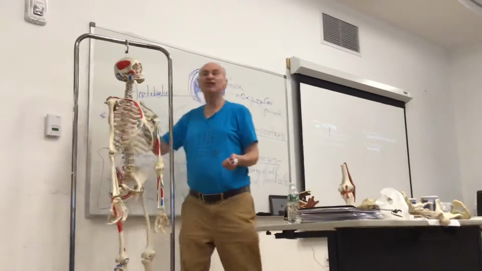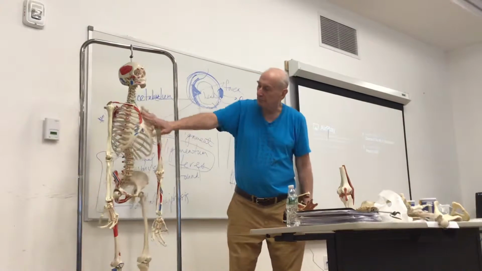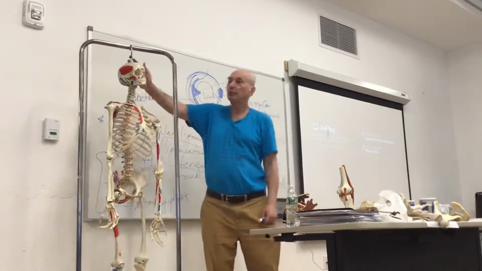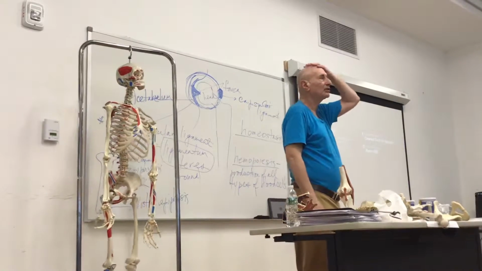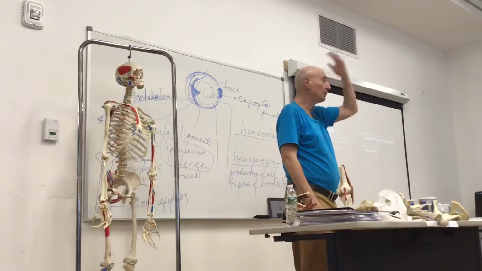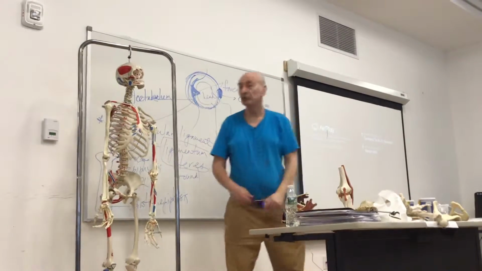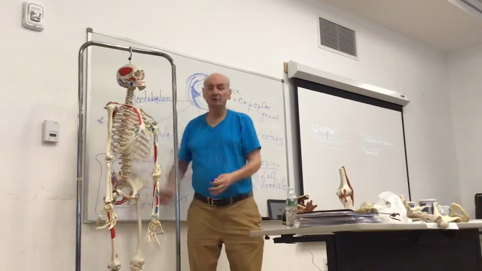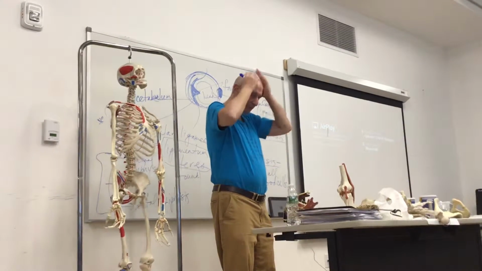The only ones you need to know test-wise are the sternum, all the ribs, and the parietals. That usually doesn't come up because for skull bones, some of them are controversial whether they're irregular or flat, so we're not going to ask that. Most of the skull is irregular. Parietals, everyone agrees, are flat.